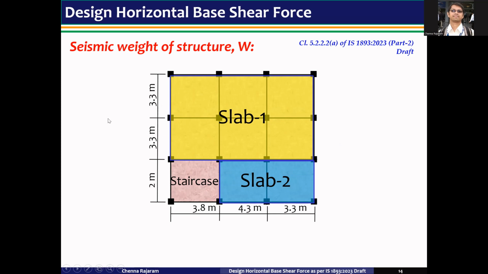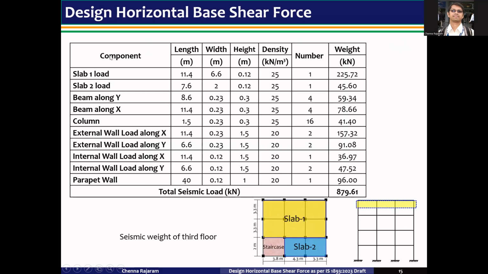The plan of the building is divided into three parts: slab 1, slab 2, and staircase. The calculation is as follows. The components are given in column 1: slab 1 load, slab 2, beam along x and y directions, column and external walls, and at the end parapet wall.